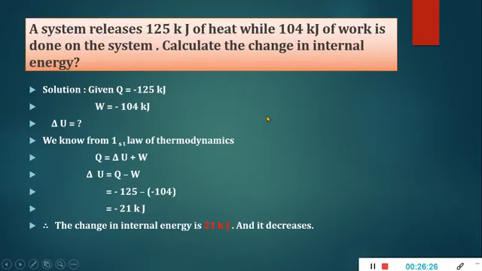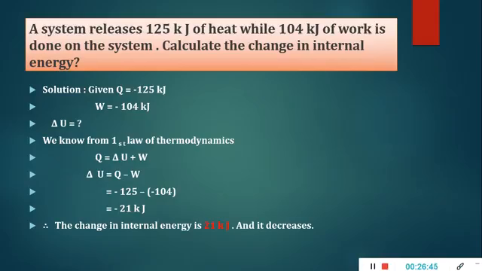Now next we'll see the next numerical. A system releases 125 kilojoule of heat while 10 kilojoule of work is done on the system. Now calculate the change in internal energy. So here again Q is given.